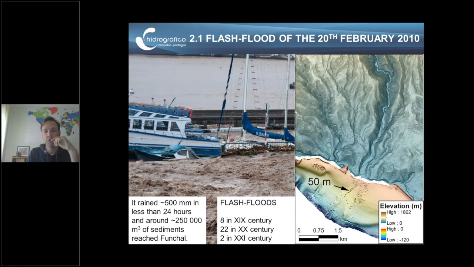I can show you an example here. This is one of the biggest streams in Madeira, and you can see the debris left from the deposition of these flash floods. Just for your knowledge, some of these blocks that you see here are around 50 meters in size.